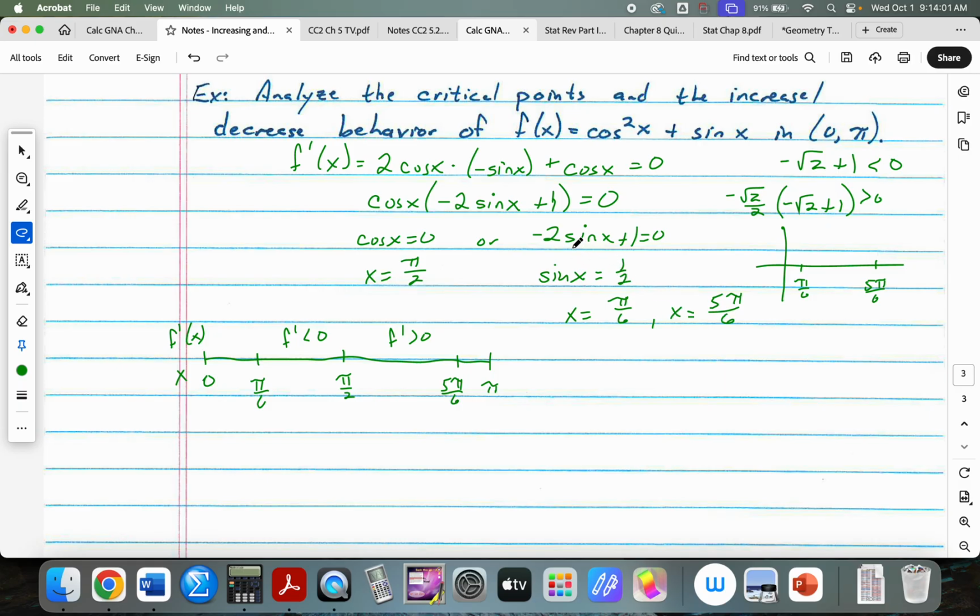Sine at 0 is 0, so I know that this starts off positive. So it must have started off positive and then gone negative.